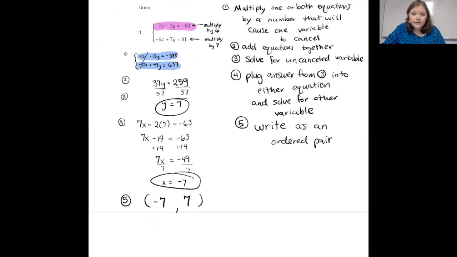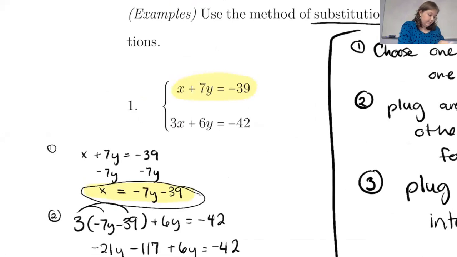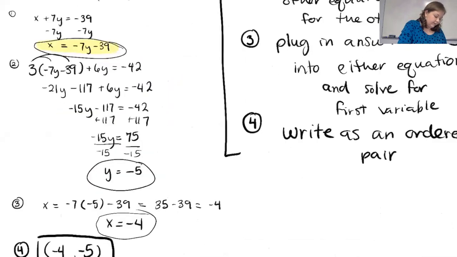So any of the systems of equations can be solved using either substitution or elimination. I would suggest using substitution for the ones where x is very easy to isolate, like in the first 2 examples, or maybe y is easy to isolate. In these first 2 examples, we had x without a coefficient, so that was number 1.